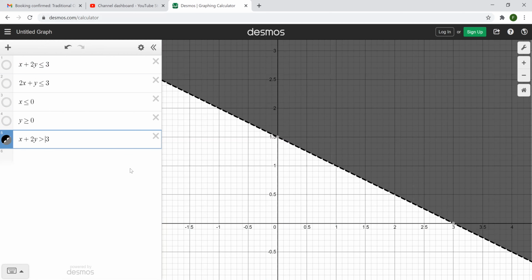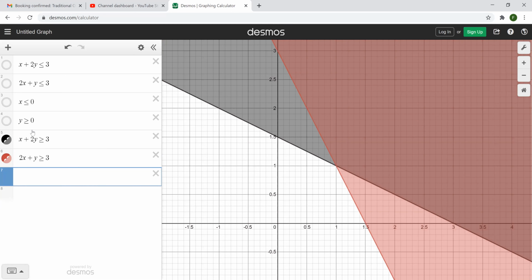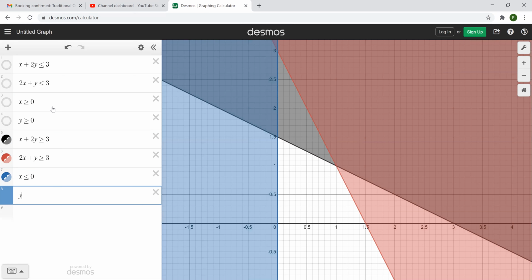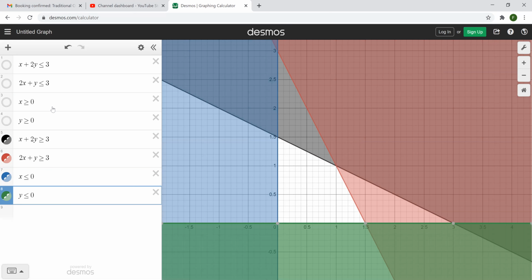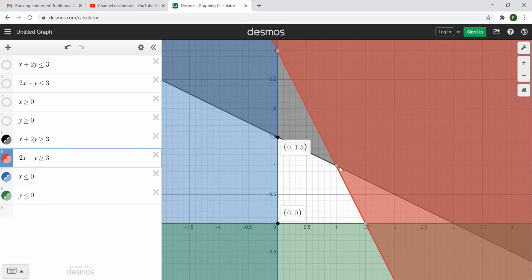So this becomes greater than or equal to 3, this second one becomes greater than or equal to 3, and then x less than or equal to 0, and y less than or equal to 0. And this is a lot easier to visualize. I assume you're seeing my screen still. I'm going to grab these points here, and that's what you're looking for. Let me snip this in case you want to look at it later on.